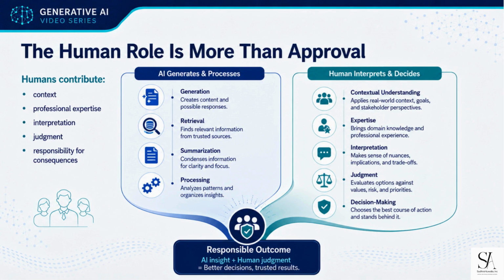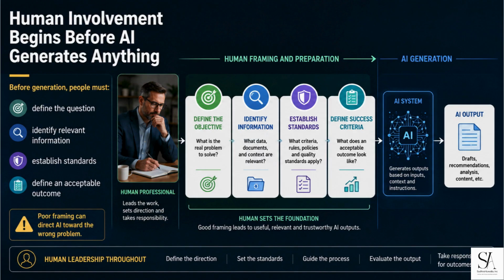But presenting a recommendation is different from possessing the authority to make the decision. For consequential decisions, the human should retain decision authority and accountability. The AI may influence the decision by making information easier to understand, but the accountable professional determines what should actually happen. This distinction becomes increasingly important as AI recommendations become more sophisticated.